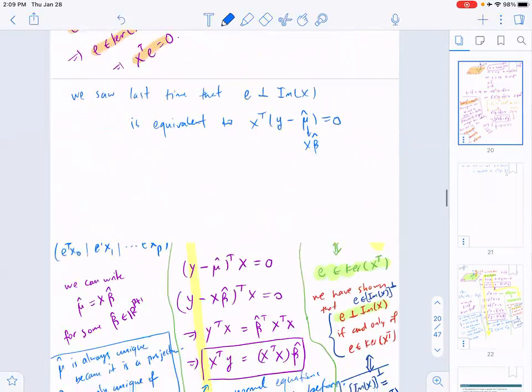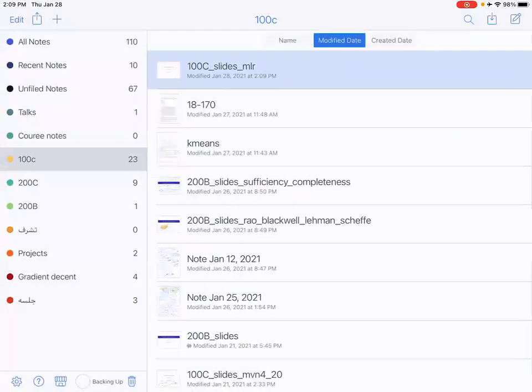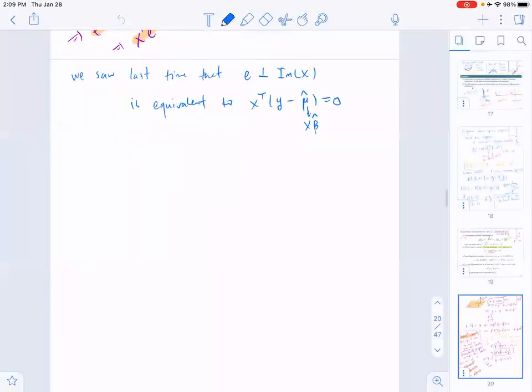So this we did using a certain approach. Now I'm going to do another way, just to see that there are many ways. Another approach to show this.